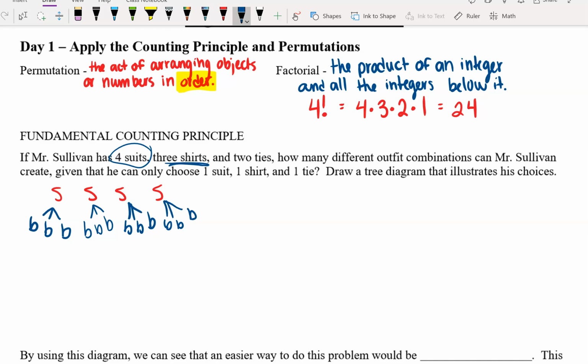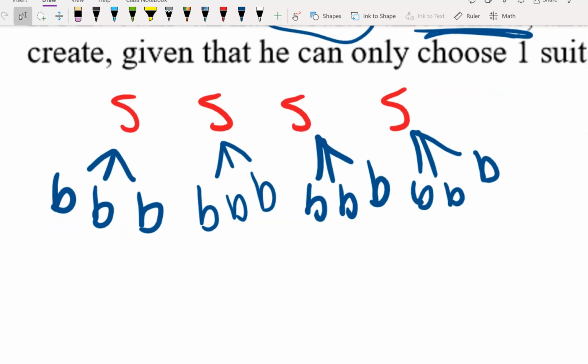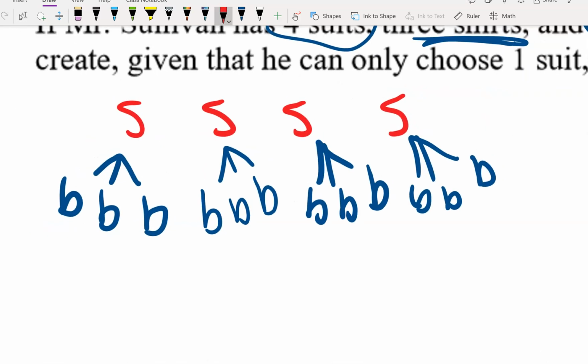And then from there, he has the option of 2 different ties. So if he wears the first suit with the first shirt, he still has the option between 2 different ties. Then if he wears the first suit with the second shirt, he still has the option between 2 different ties. So we're just going to put 2 ties off of each of these blouses or shirts, whatever we want to call them.